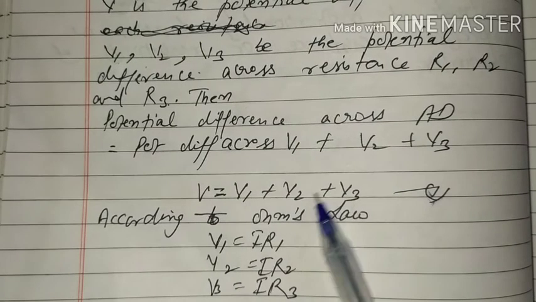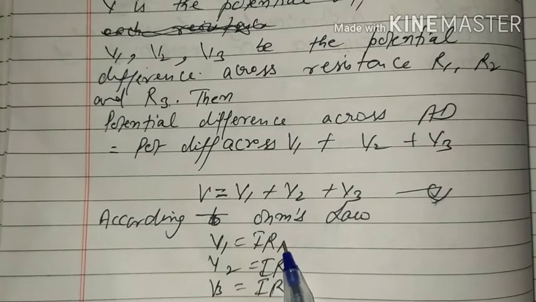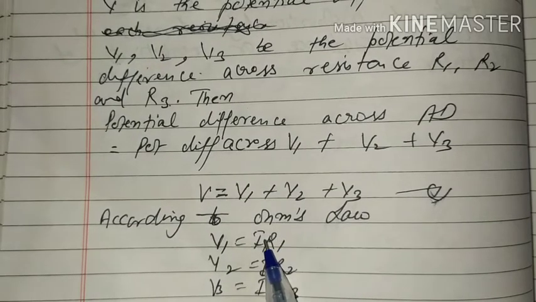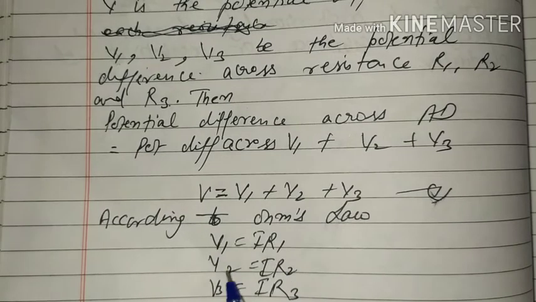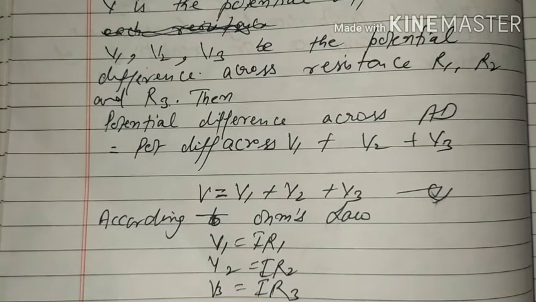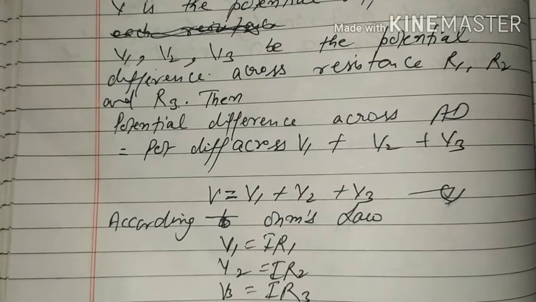According to Ohm's law, V1 is equal to IR1, where R1 is resistance and I is current, with the potential difference across R1; V2 is equal to IR2 and V3 is equal to IR3. That is equation 1.